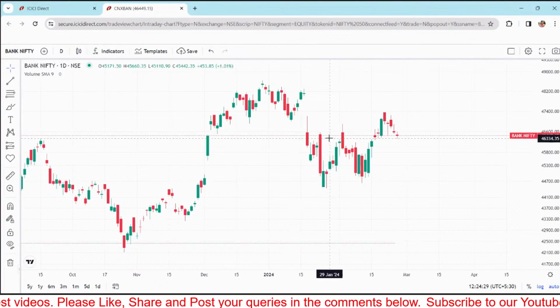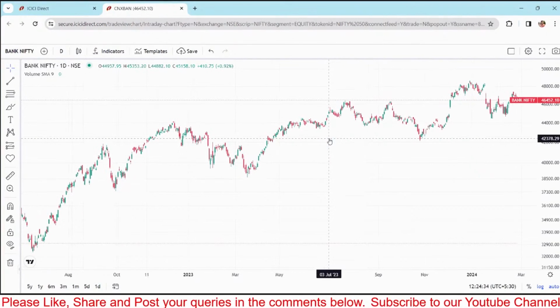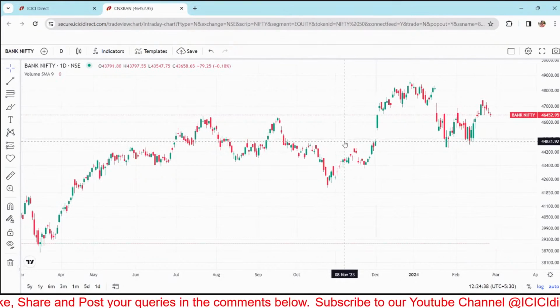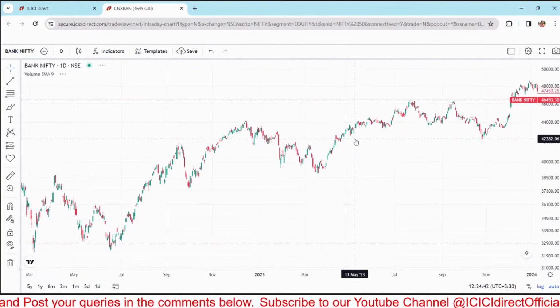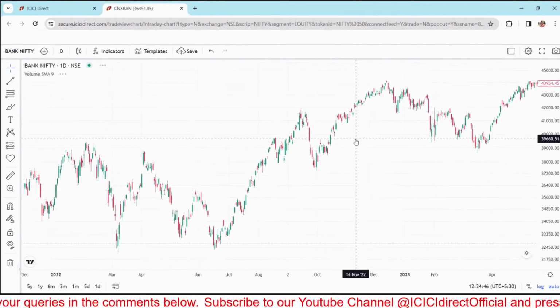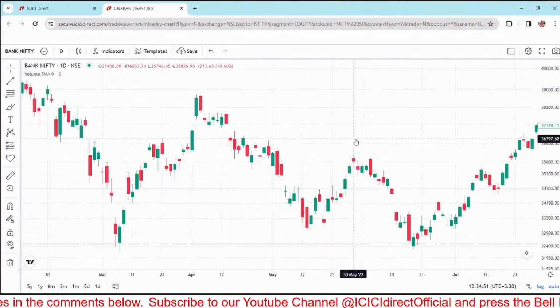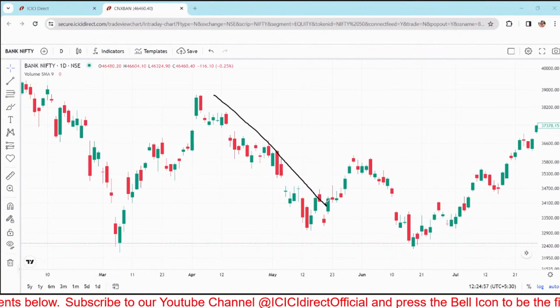Okay, let's see. No, no, no. There is no bullish Harami here as well. Yes, I think we have spotted. This is a downtrend, guys. Can we call this a downtrend? Yes or no?